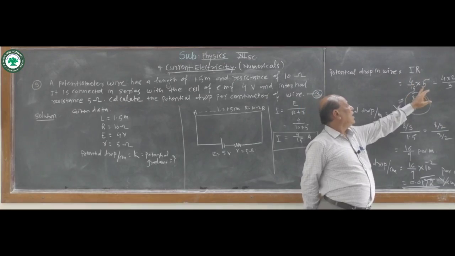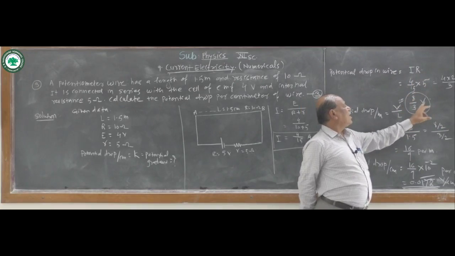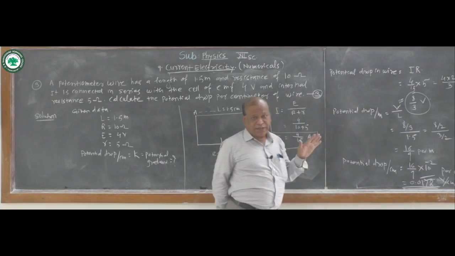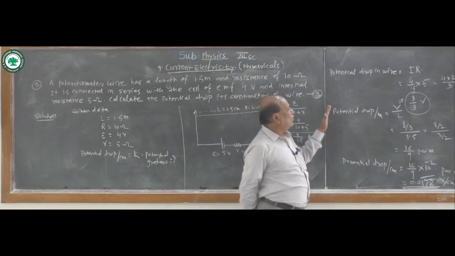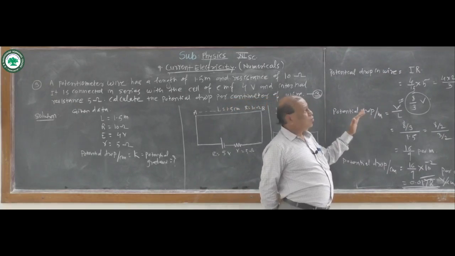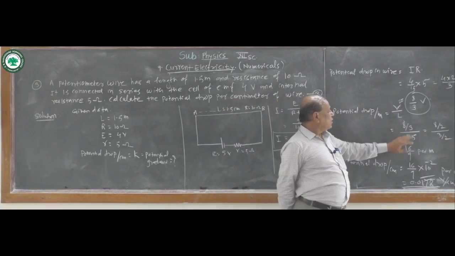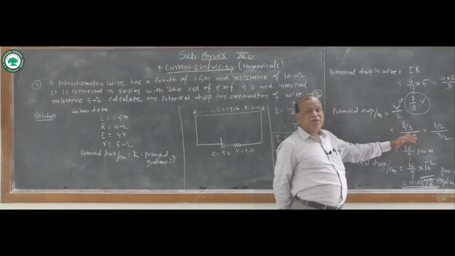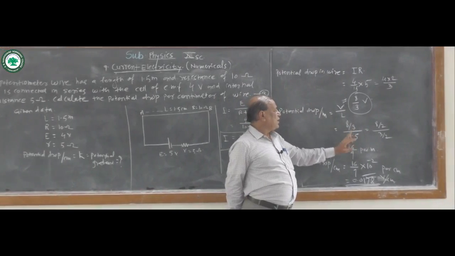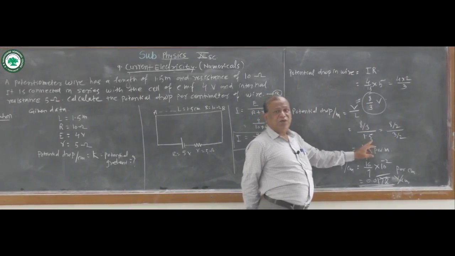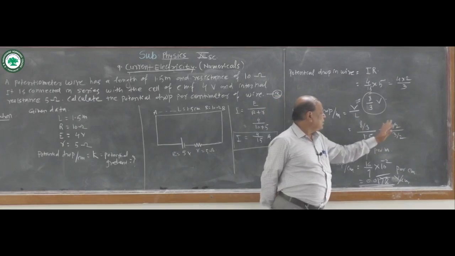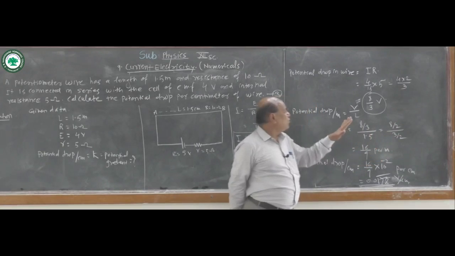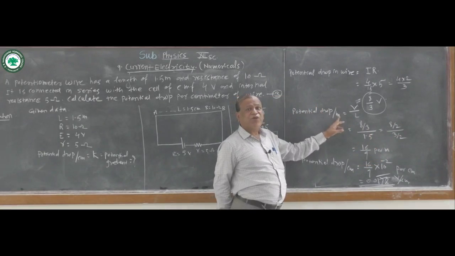Put the values of I and R, get the answer 8/3 volt. That is the potential drop in wire. Now potential drop per meter: divide by the total length 1.5, that is 8/3 divided by 1.5. Make the conversion and get the answer 16/9 per meter, the potential drop per meter.